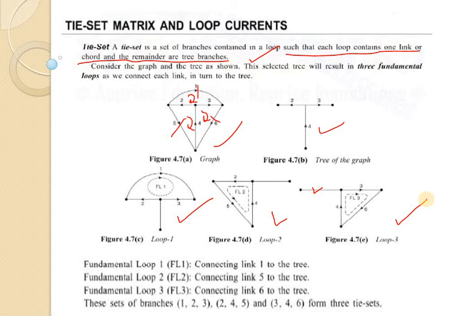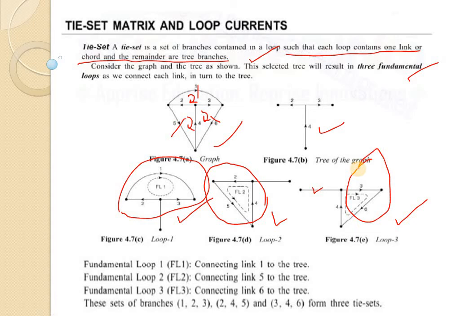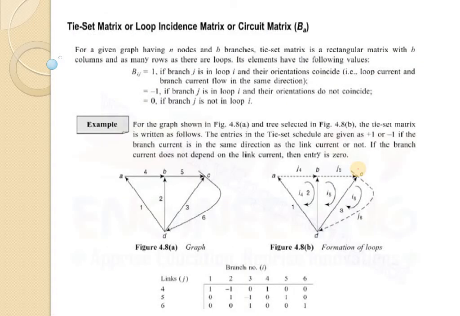So here we have got 3 tie-sets: this one is 1, 2, 3, next 2, 4, 5 is another, and 3, 4, 6 is another tie-set. Okay.